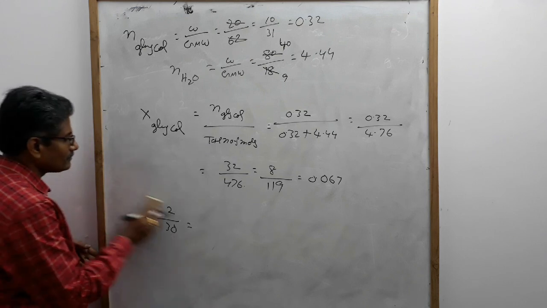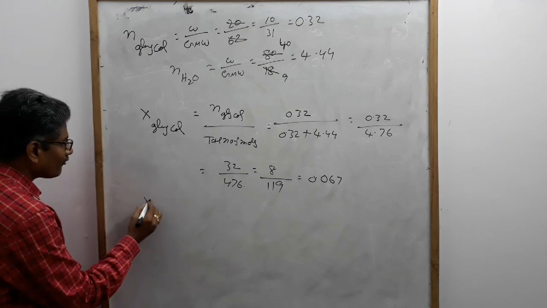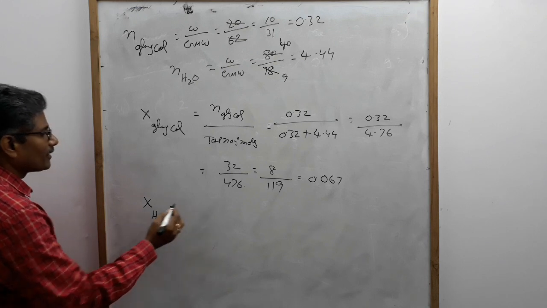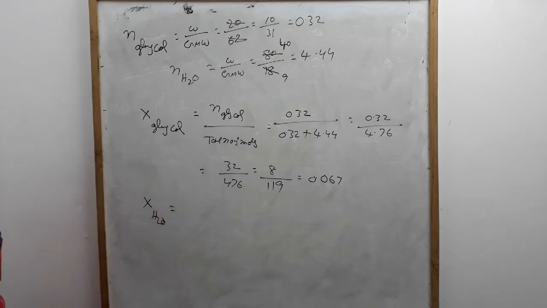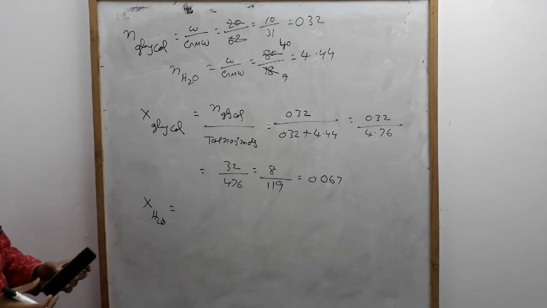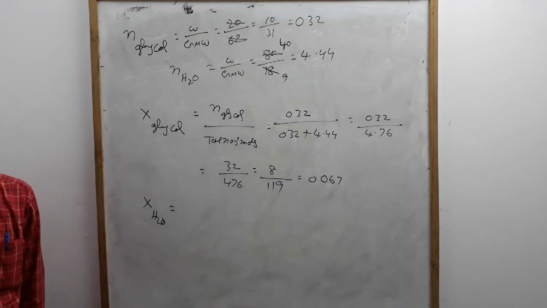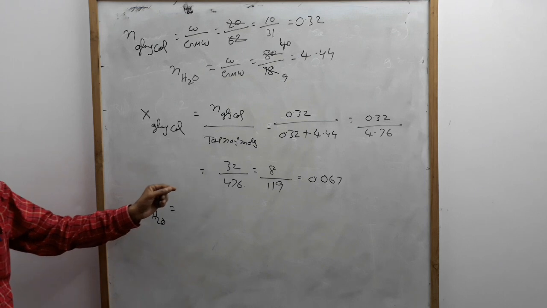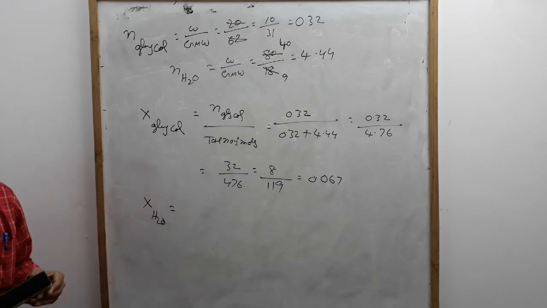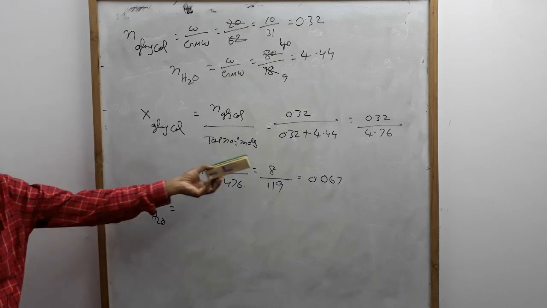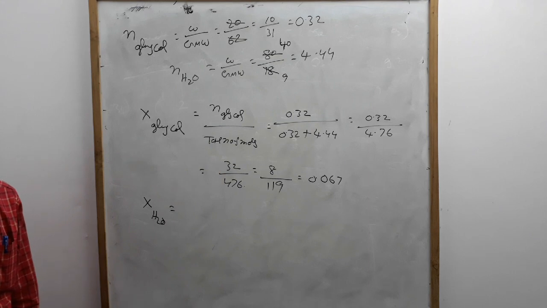Coming to the mole fraction of water, we know one point: the sum of the mole fractions of all components in a mixture is equal to 1. In this solution, only 2 components are present, one is glycol and another is water. So we know the mole fraction of glycol.